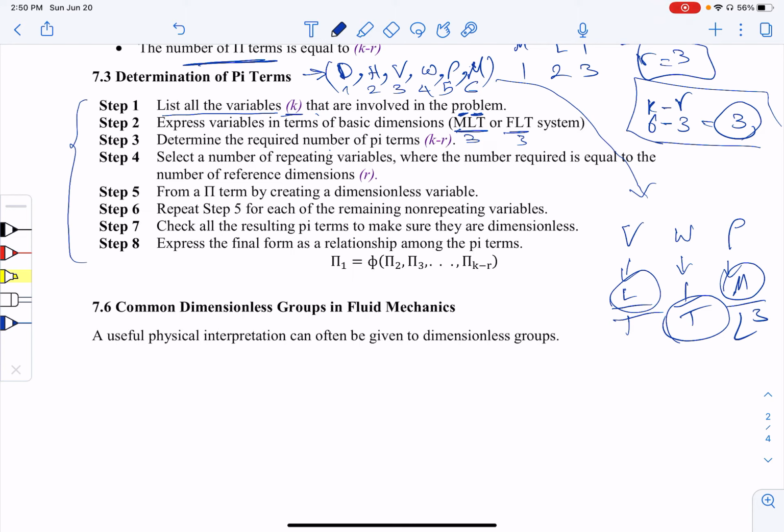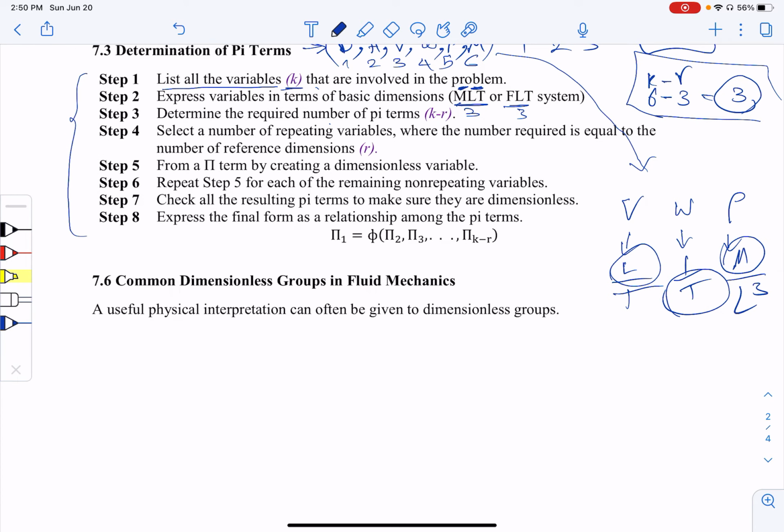It means that the dimensions of one repeating variable cannot be reproduced by some combination of the products of powers of the remaining repeating variables. This means that the repeating variables cannot themselves be combined to form a dimensionless product.